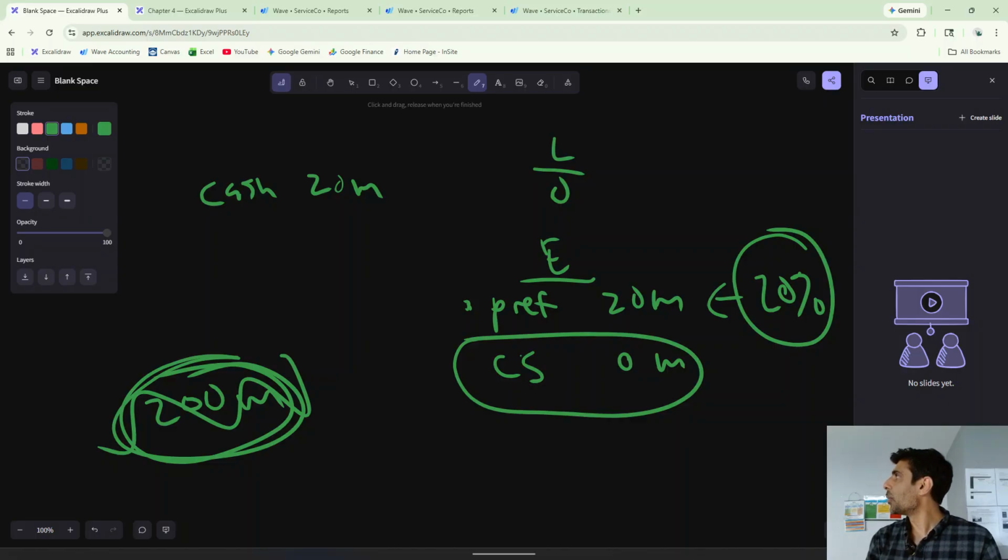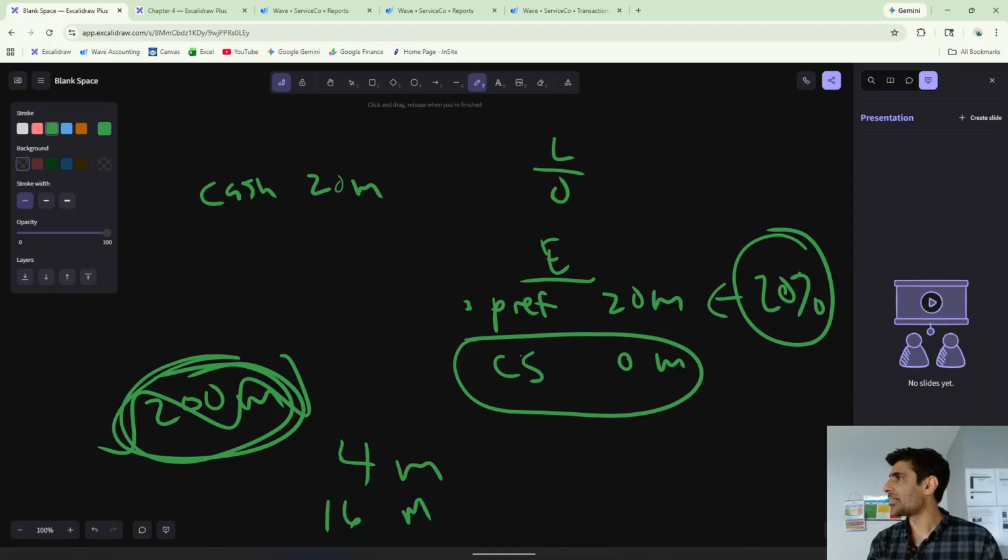So what's 20% of 20 million? 4 million. So if they had only originally had common stock, they would have gotten 4 million, and the entrepreneur would have gotten 16 million of that 20.